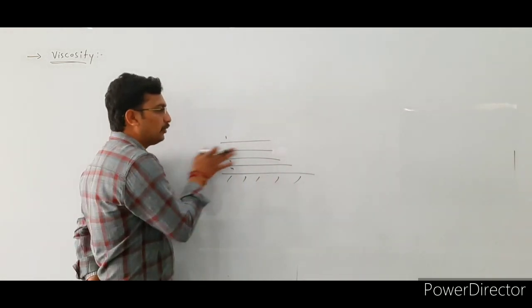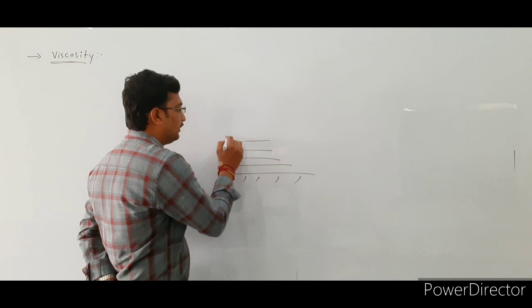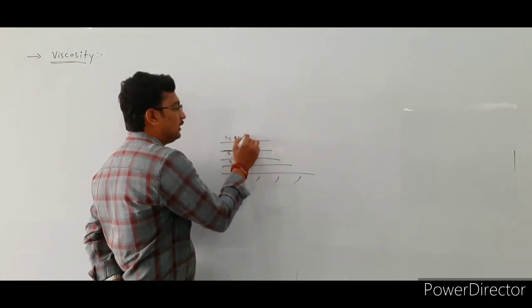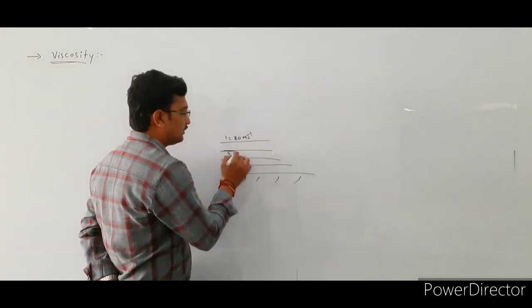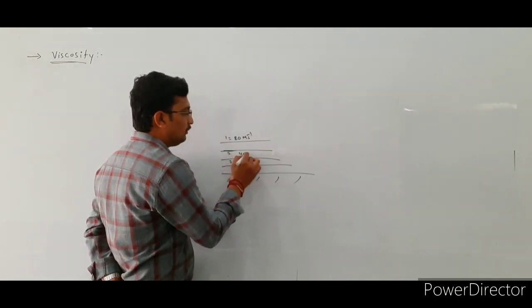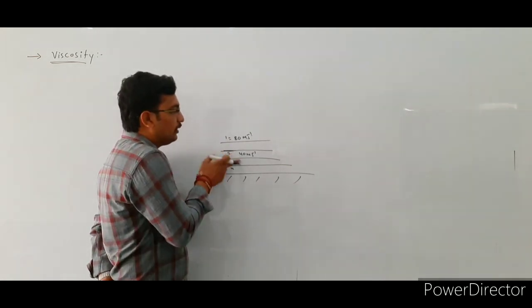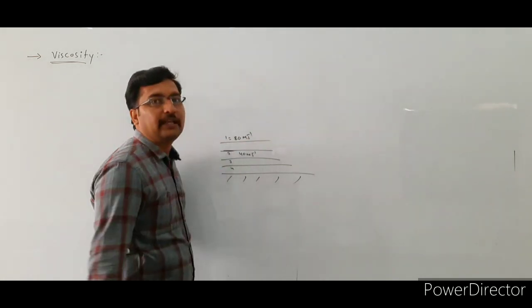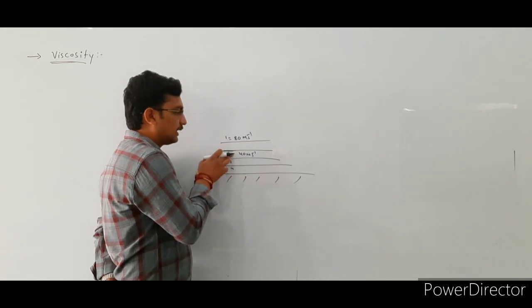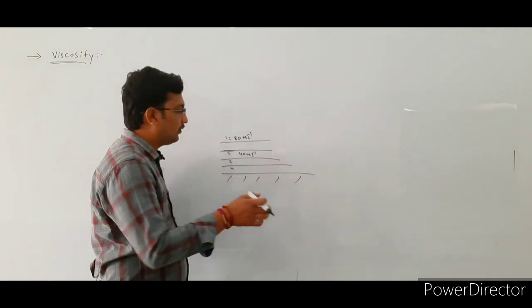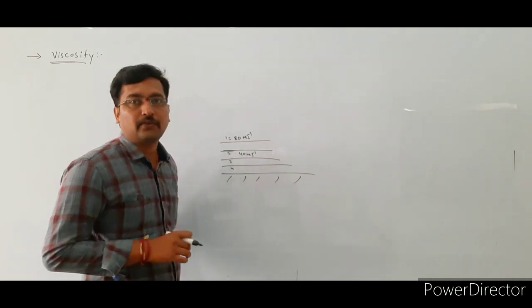The first layer is moving with maximum speed, for example 80 meter per second. The second layer is moving at 40 meter per second. The second layer opposes the first layer of the liquid, and that force is known as the viscous force.